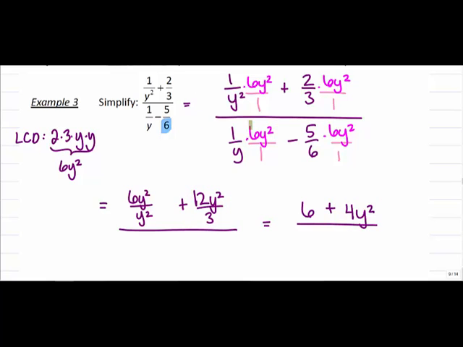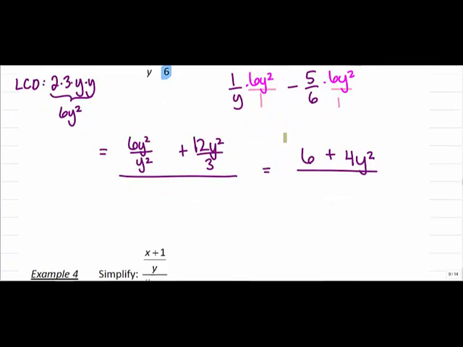All right, same thing on this denominator here. You could recognize that you're going to end up with 6y because one of the y's cancels, or you could multiply, you'd get 6y squared over y, and that's going to leave you with 6y.